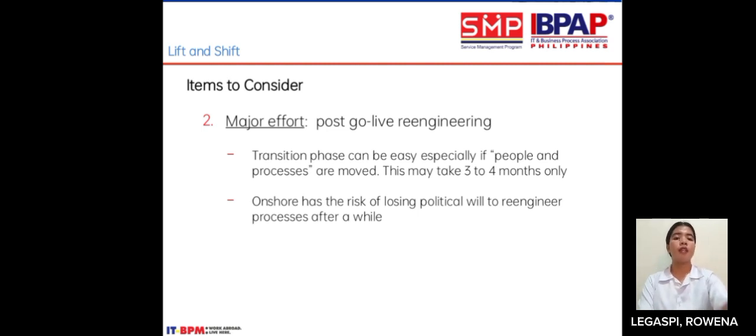It indicates that there is a risk associated with losing political will to re-engineer processes after some time. Especially in an onshore scenario, this risk suggests that stakeholders may become less motivated to invest resources and effort in making further improvements, potentially hindering the post-go-live re-engineering process.